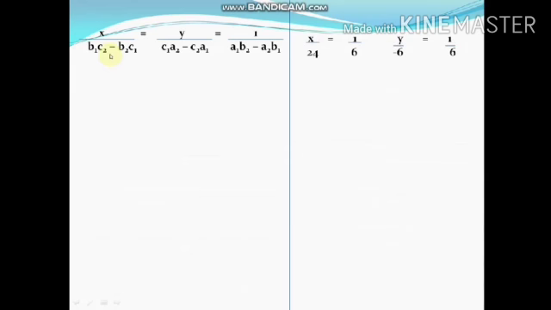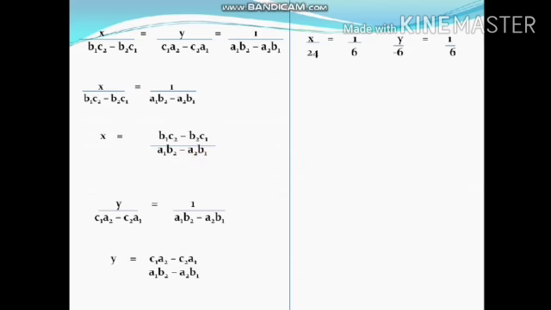For that, we will compare this x upon b1 c2 minus b2 c1 with this 1 upon a1 b2 minus a2 b1. And after cross multiplication, we will get x equal b1 c2 minus b2 c1 upon a1 b2 minus a2 b1.